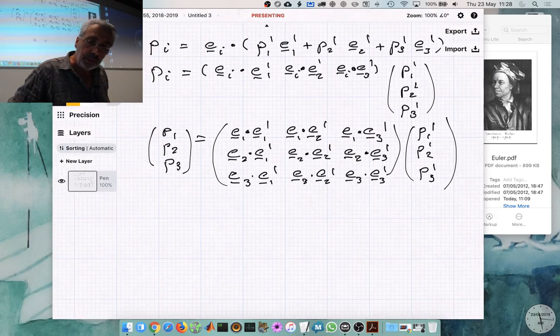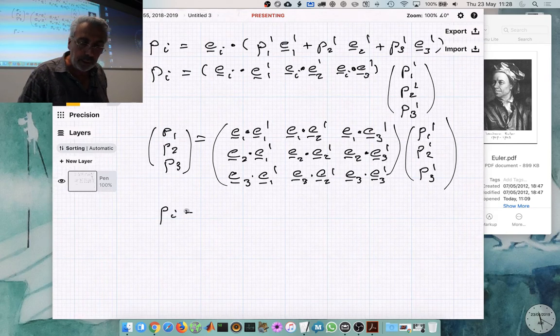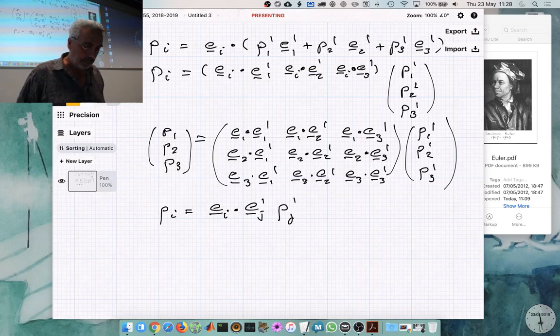And since we like this index notation, we can easily write Pi is Ei dot Ej prime times Pj prime. And for clarity, i and j are 1, 2, 3. And actually, the mapping which I wrote here is the thing we are seeking. Okay?